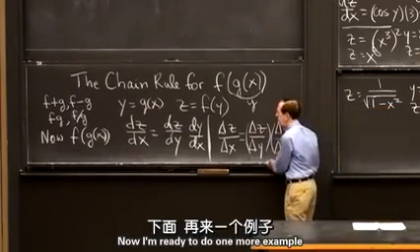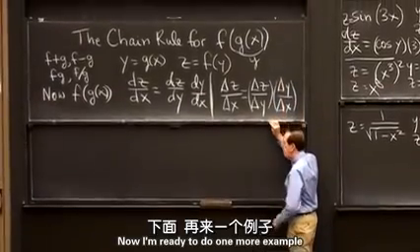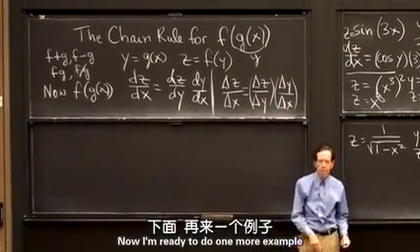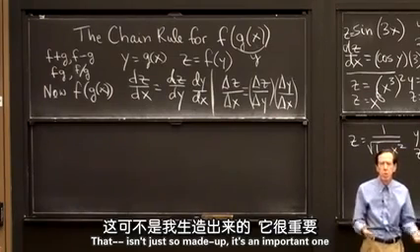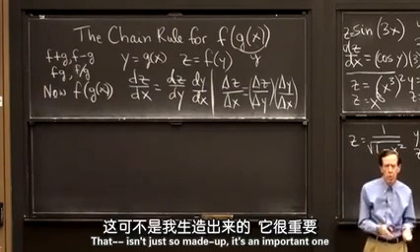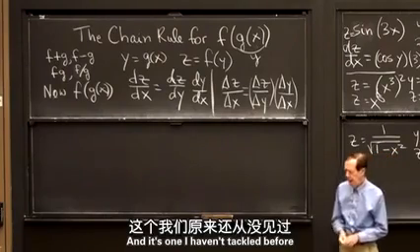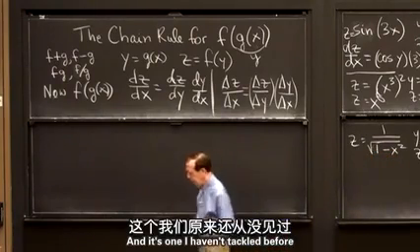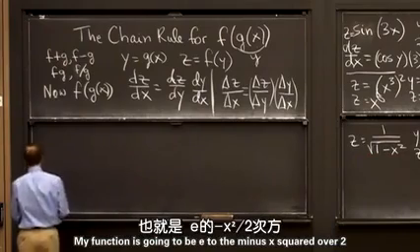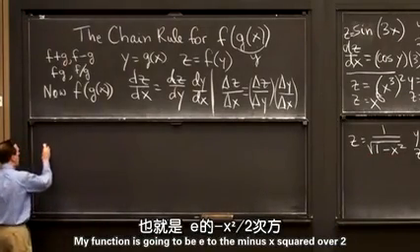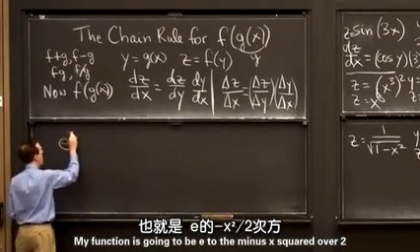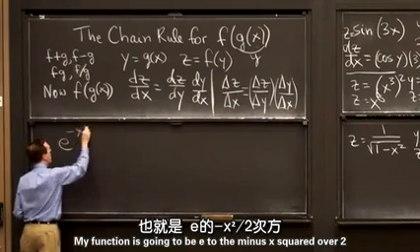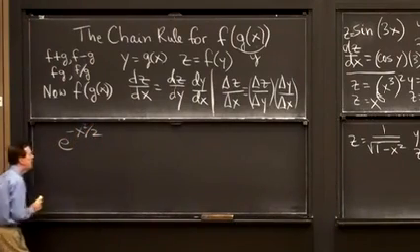Okay. Now I'm ready to do one more example that isn't just so made up, it's an important one, and it's one I haven't tackled before. My function is going to be e to the minus x squared over 2.